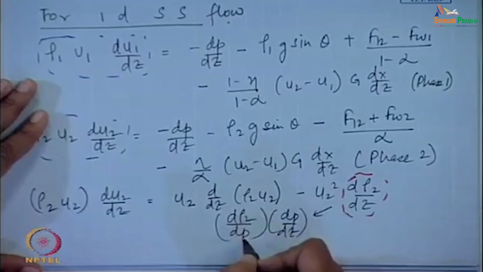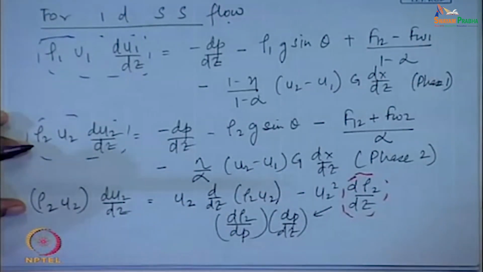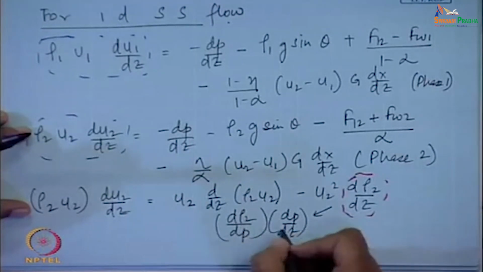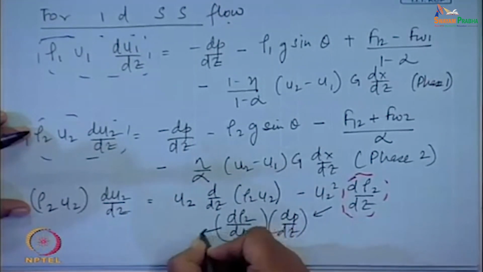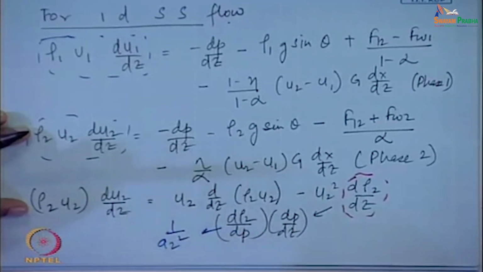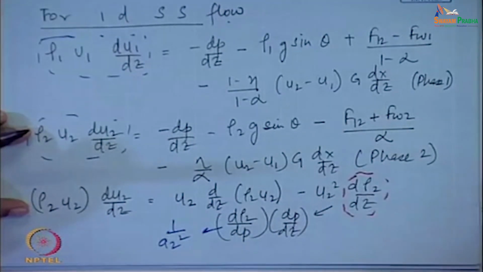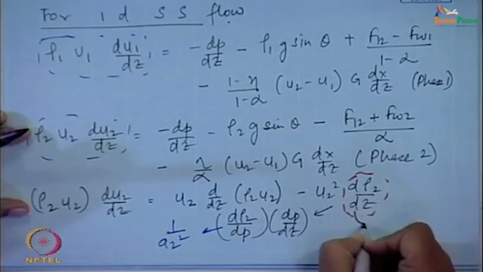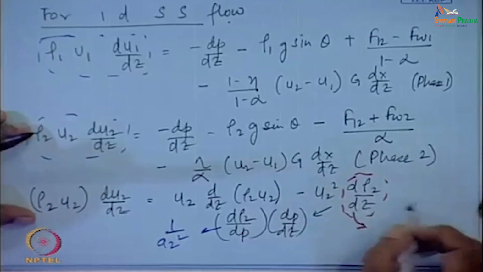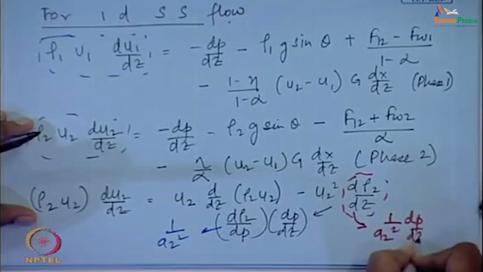And now, what is d rho 2 dp again? Just now I had derived what is d rho 2 dp. This part is 1 by a2 square. So, therefore, this d rho 2 dz, can we write this particular term as 1 by a2 square dp dz?